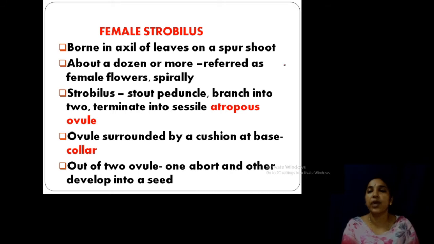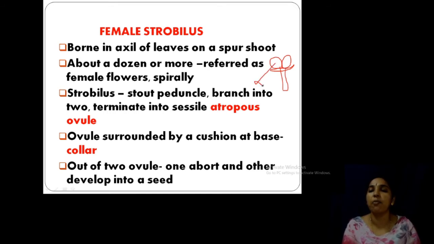So, you can see the axis, or the peduncle, and the peduncle branches into two atropous ovules like this, one here and one here, surrounded by a cushion-like collar here, and one will abort.